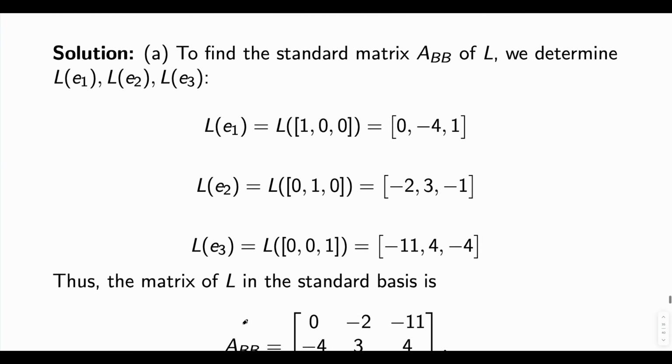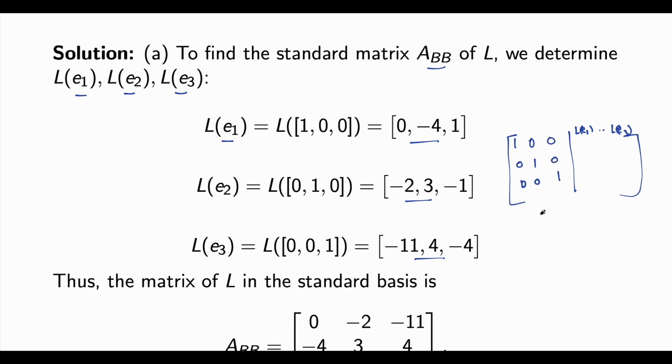So now to find the standard basis matrix A_BB of L, we determine L(E1), L(E2), L(E3). Since the linear transformation is already given, you know this standard basis, so you have to allocate L(E1) to L(E3), and here the standard basis is 1 0 0, 0 1 0, 0 0 1, and this is already RREF.